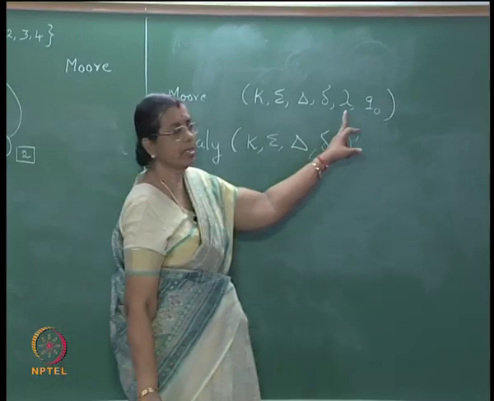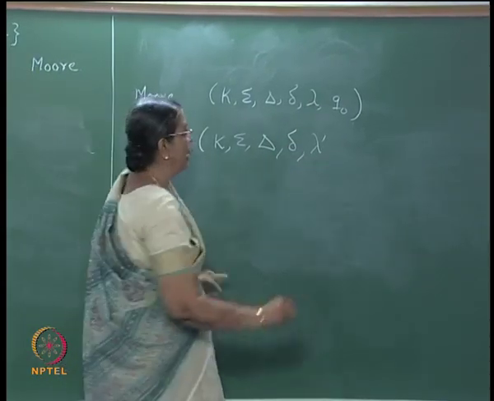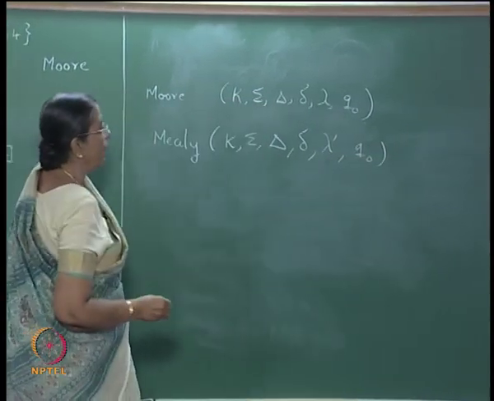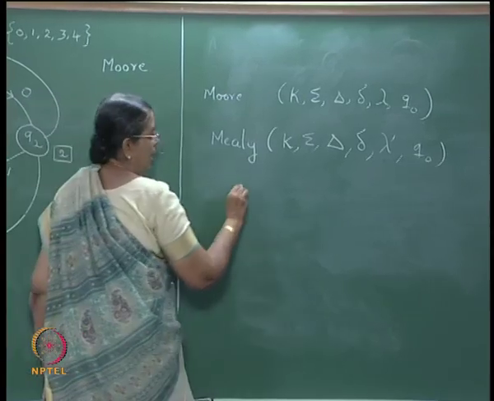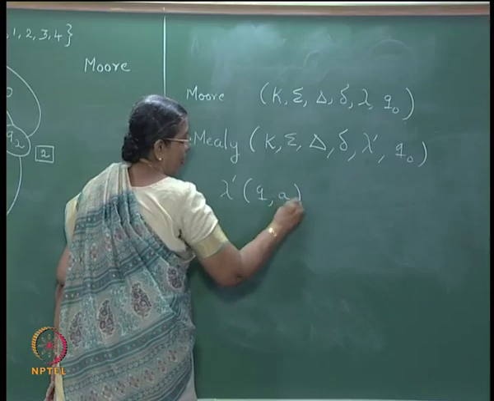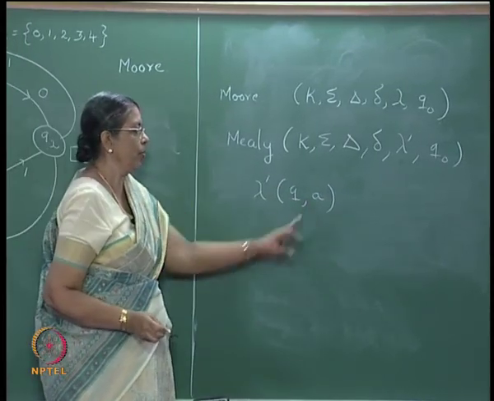Here it depends on the state alone, there it depends on both the state and the input symbol. The same initial state you have, but how do you define lambda dash? Lambda dash is a function of the state and the input symbol.